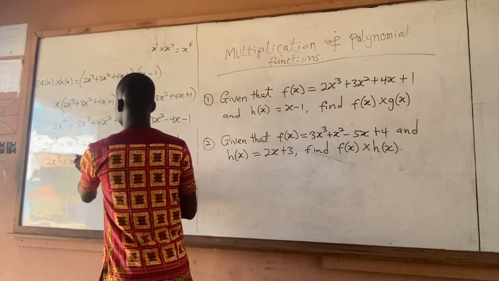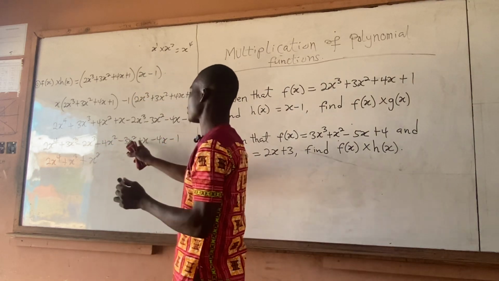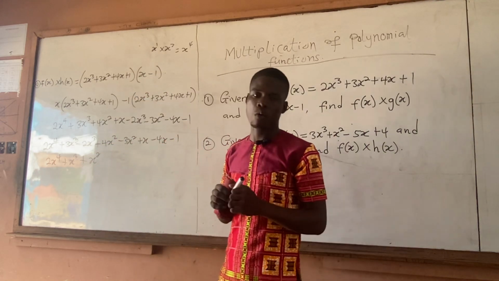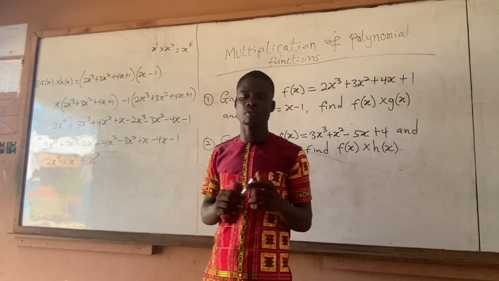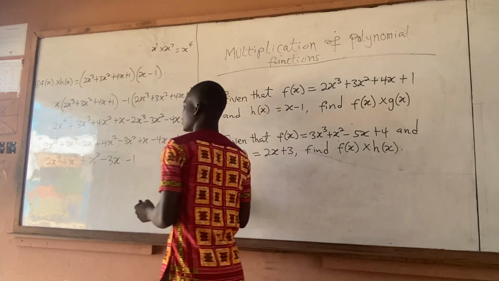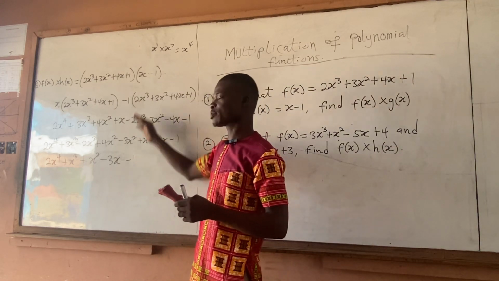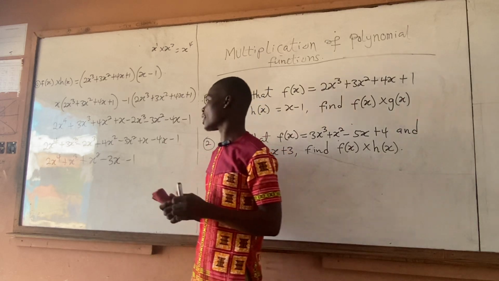So we are going to get x squared. x minus 4x, the coefficient is 1, so 1 minus 4 is negative 3. You have minus 3x minus 1. And this is the final answer for this expansion.